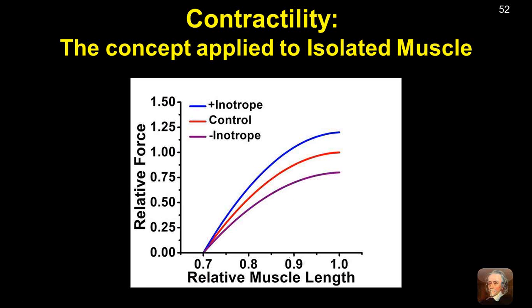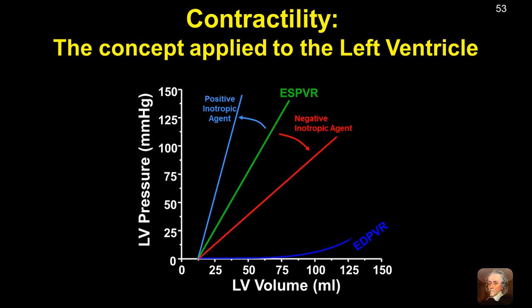So this is again the basis for what we see at the ventricular level, and it turns out that if we compare from a baseline state, things that increase muscle strength, muscle contractility, are called positive inotropic agents. These shift the end systolic pressure volume relationship upward and leftward, and things that have a negative inotropic effect shift the relationship downward and rightward.